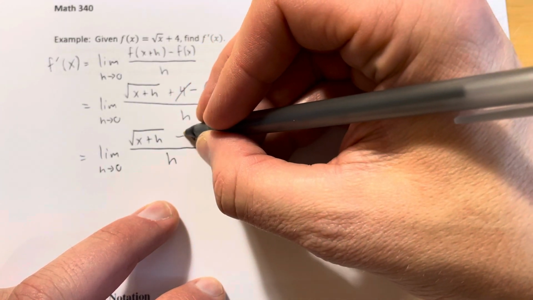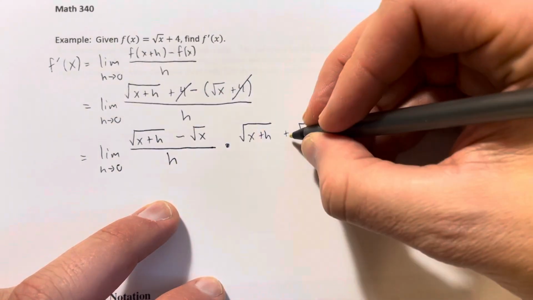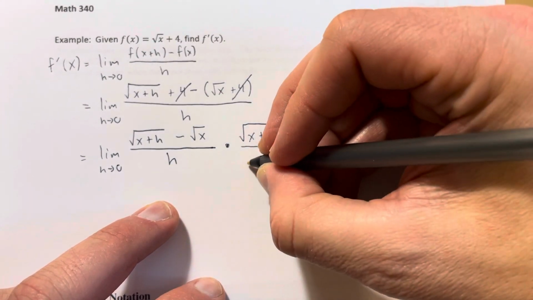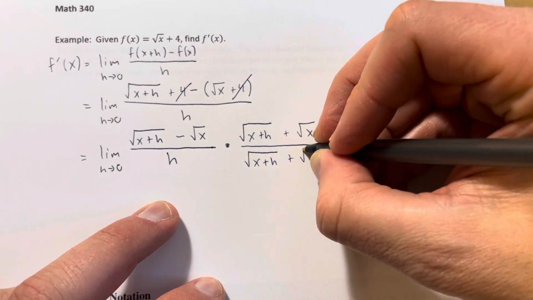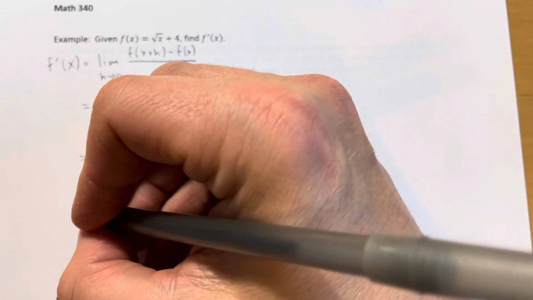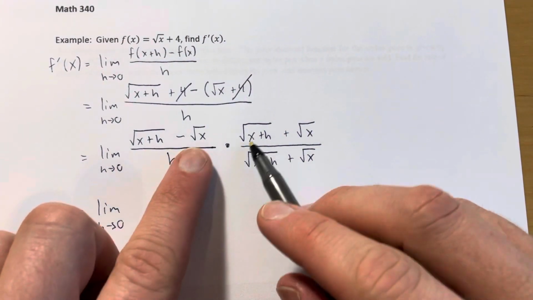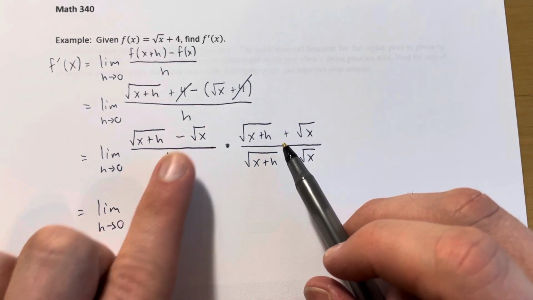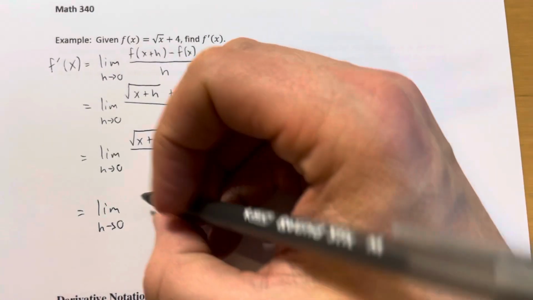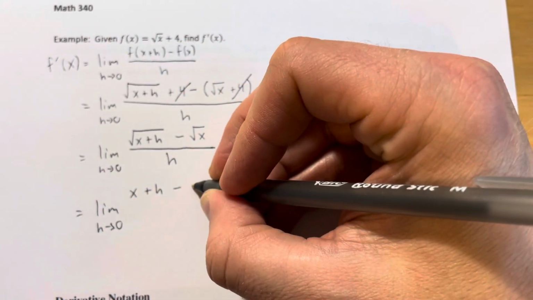Square root of x plus h minus the square root of x, its conjugate would look the same, but with the minus swapped out for a plus. And we get this. Okay, now looking at what would happen next, remember, when I multiply this numerator out, I'm going to get this thing squared minus that thing squared. But squaring it just gets rid of the radical. So I have x plus h minus x.